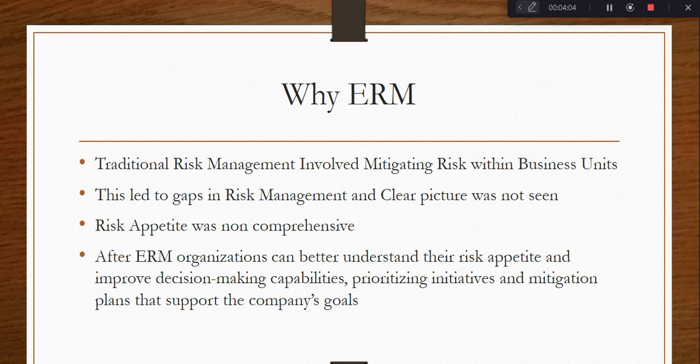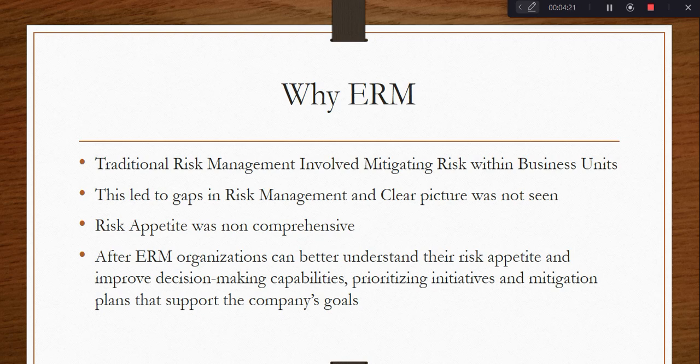You might have seen in your organization, whenever you are working in banks or any organization, that you are getting certain modules to complete. These are common across the organization. Why? Due to the ERM.